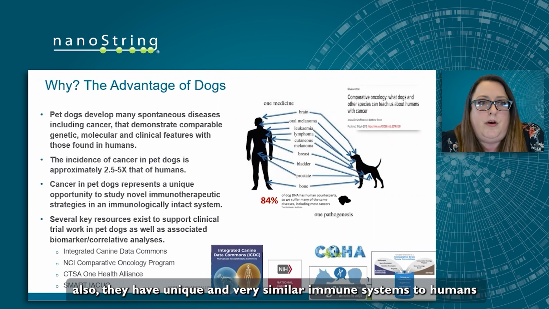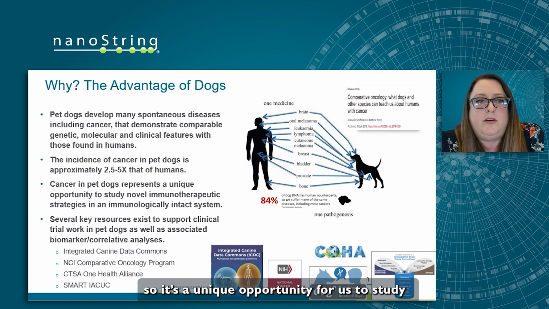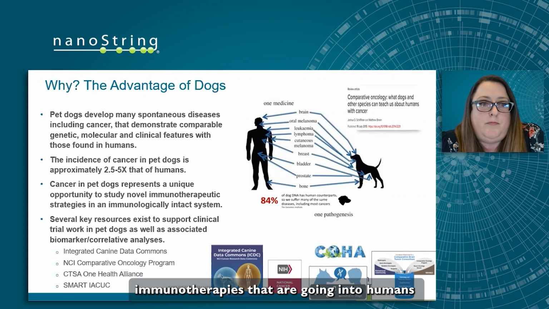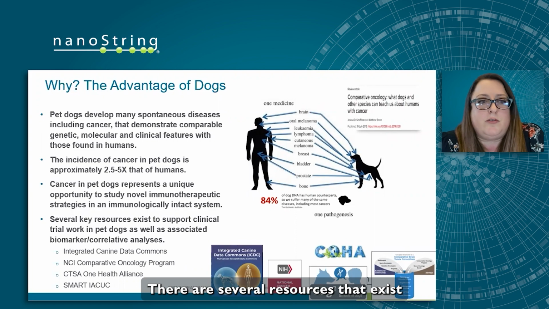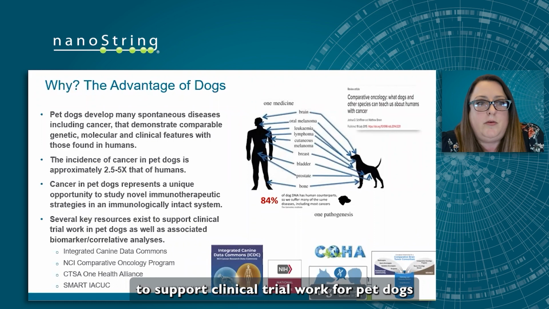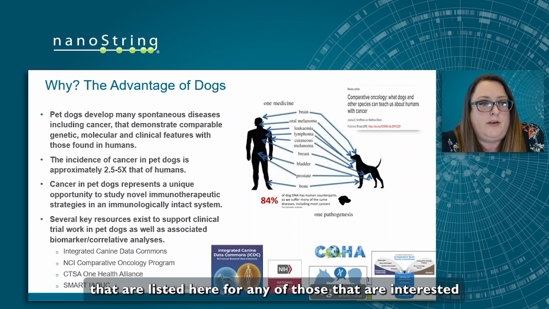And they have unique and very similar immune systems to humans, so it's a unique opportunity for us to study immunotherapies that are going into humans. There are several resources that exist to support clinical trial work for pet dogs. They're listed here for any of those that are interested.